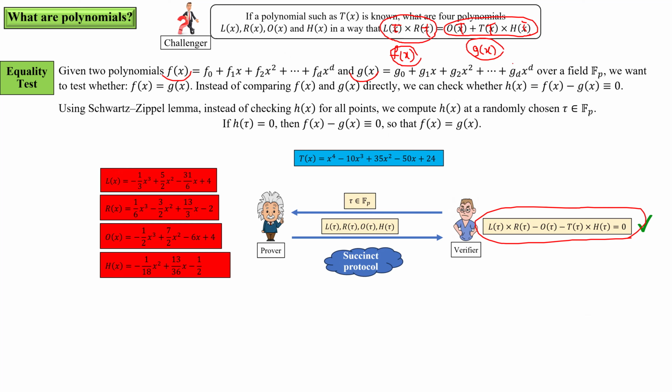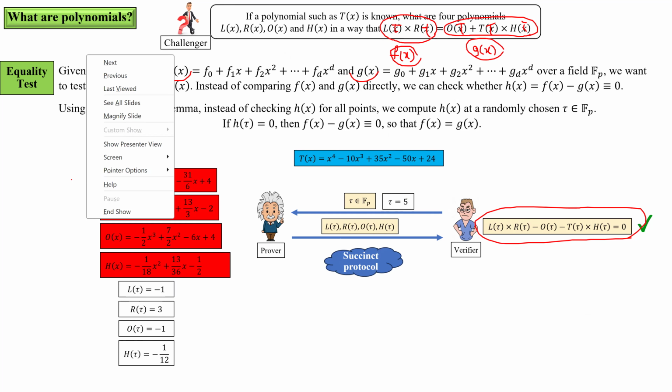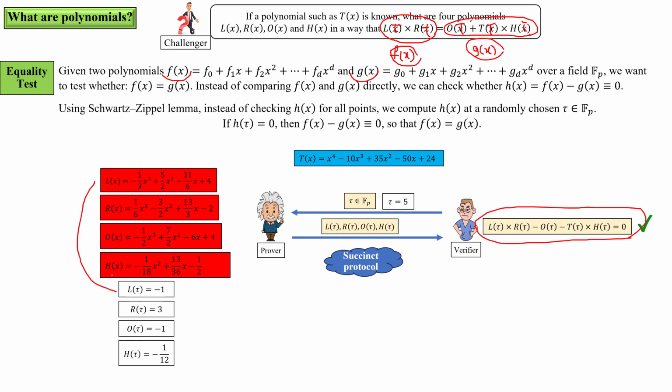Okay, so then for these exemplified polynomials, the verifier sends tau equals 5, and then the prover computes L of tau. So this is the polynomial L of x, and if you replace x with tau equals 5, then L of 5 equals -4. And then the prover sends these values to the verifier, and then the verifier by himself computes t of tau, because the polynomial t is a public polynomial.